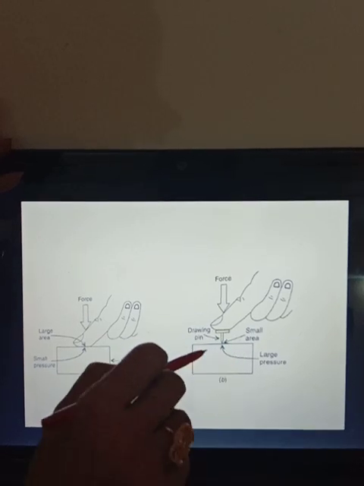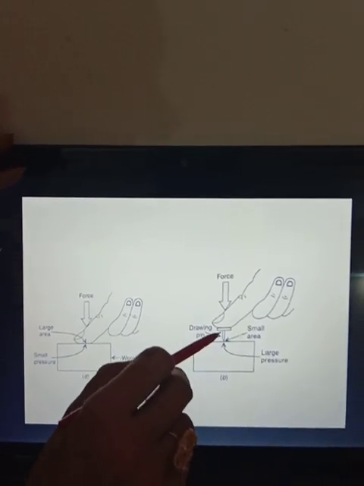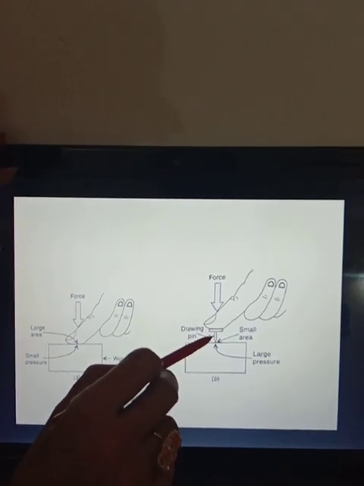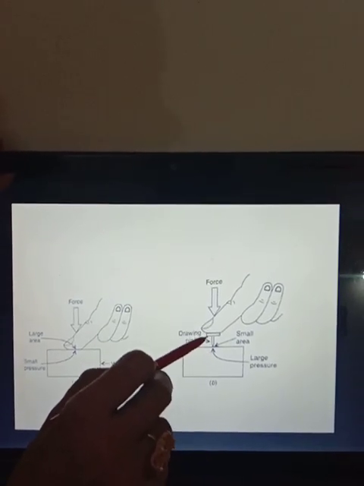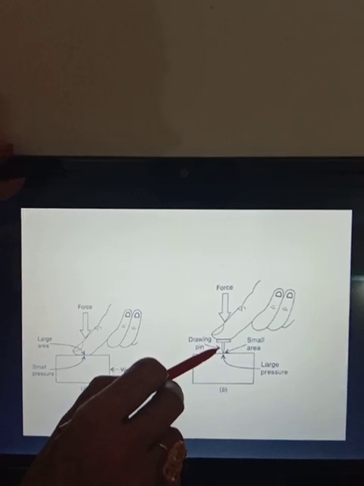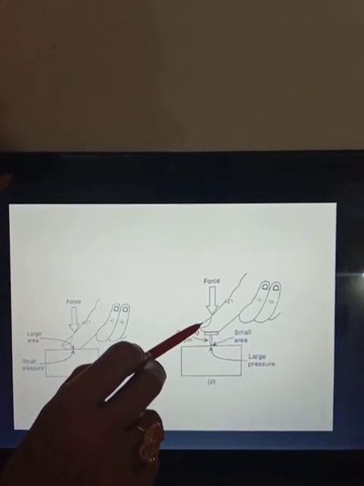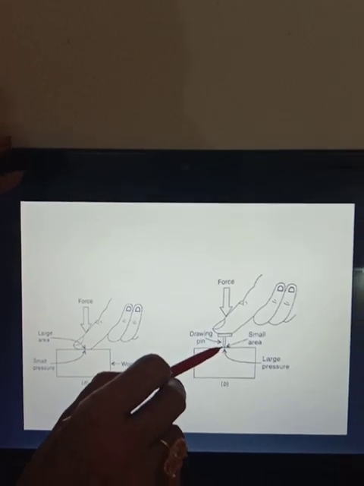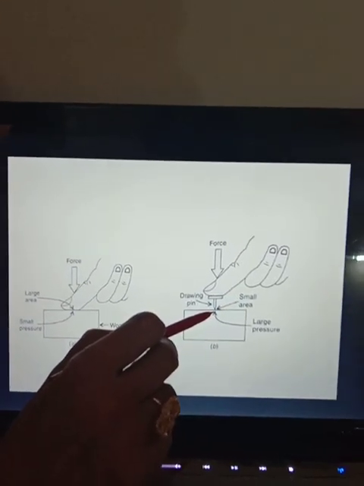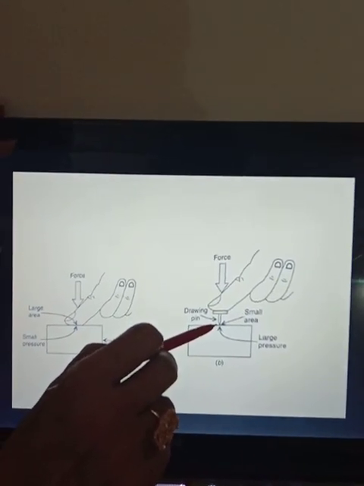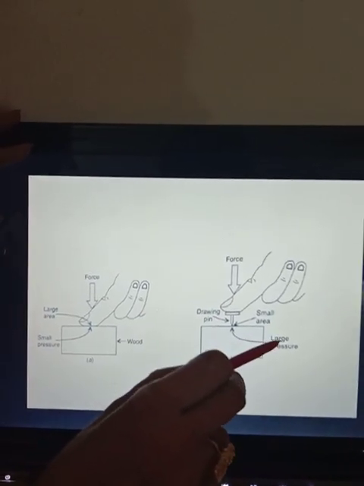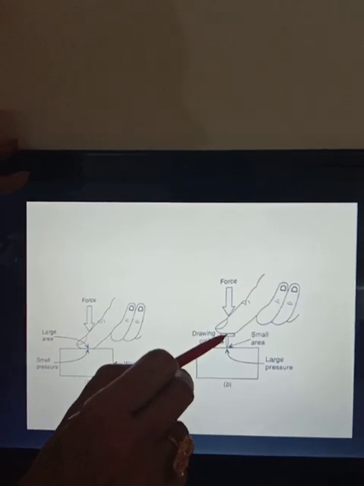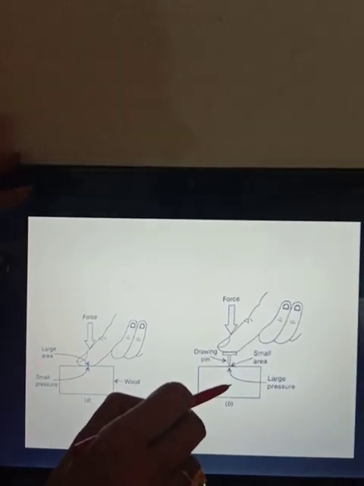This is a block of papers and we are pressing it with our thumb. This is the drawing pen. When we apply force on the pen, only this much area is in contact. So the area in contact is small. In the case of the drawing pen, the result is large pressure, and this pen moves in the stack.